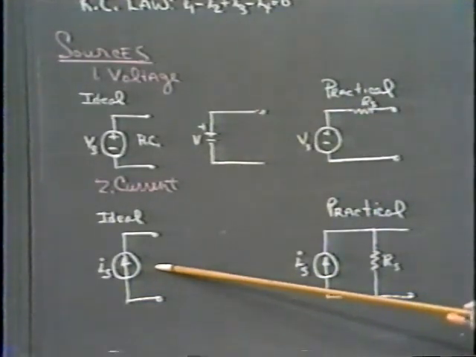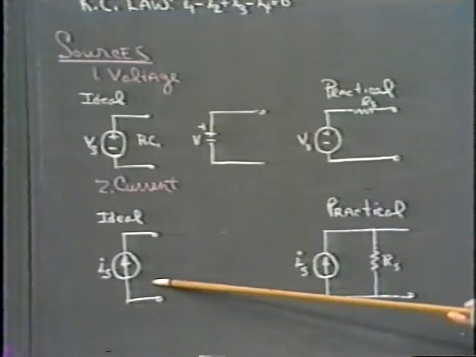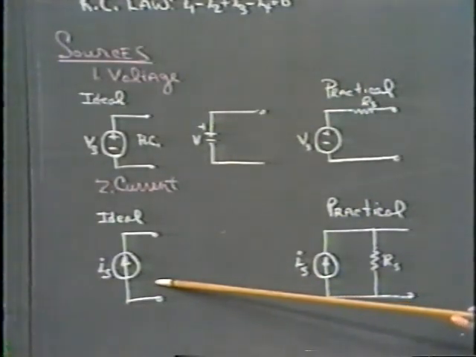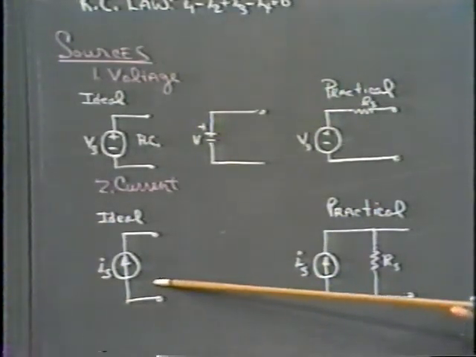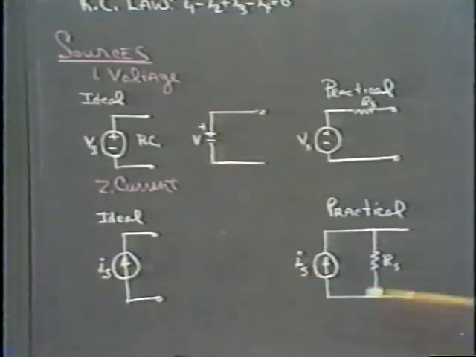This is our ideal current source. Now, the voltage that you would see across the current source is determined by the circuit elements around it. This is a practical current source, where we again have some internal resistance associated with the source itself. And we must take account of this resistance in any circuit analysis problems we look at.